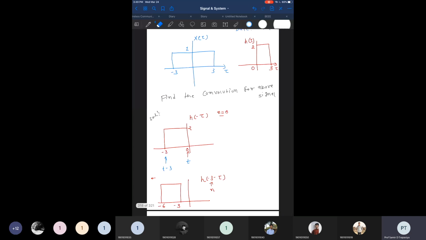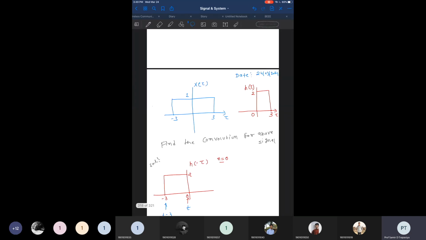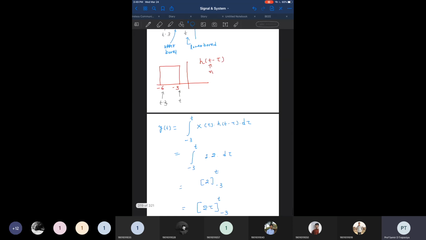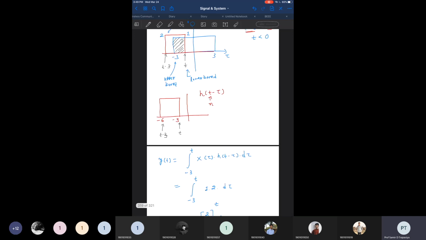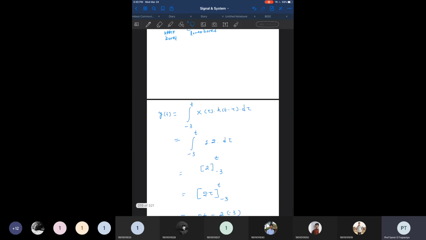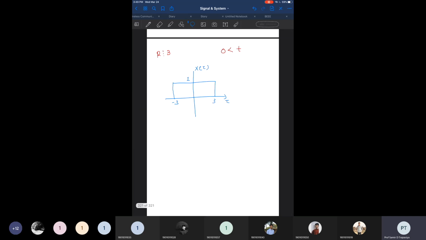We take the signal and we just copy paste it over here. This is a signal, and then another signal we have is this one. We just copy paste it. So that is our h of t minus tau.